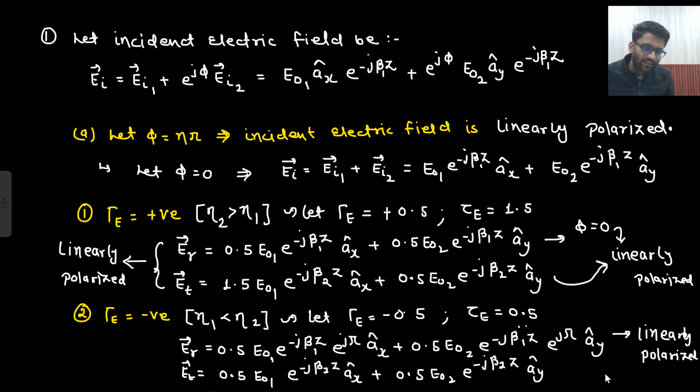So let's write down the note. We will not write down a summary. I am only telling the statement. What is the statement? In case of linear polarization, when a linearly polarized EM wave is incident normally on a dielectric boundary surface, then it will reflect back and will give you a linearly polarized wave only, and on transmission as well it will give you a linearly polarized wave only, no matter whether your reflection coefficient is positive or negative.